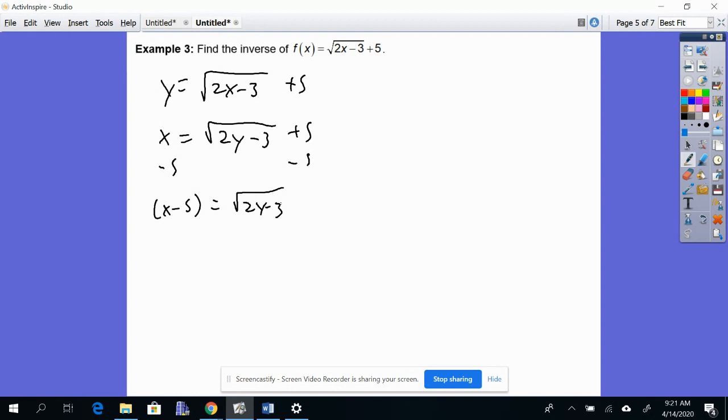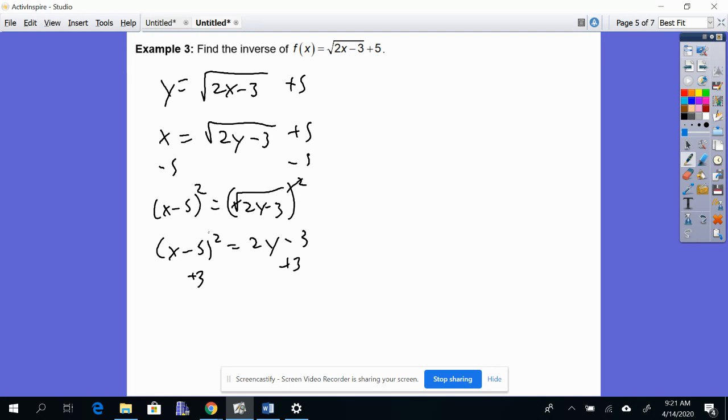So like in the last unit, to get rid of square roots, we square. If I do it to one side, I need to do it to the other side. x minus 5 quantity squared cancels 2y minus 3. Add 3, add 3. Now again, we're not adding 3 to this 5 because this 5, or says minus 5, is inside those parentheses with a square.